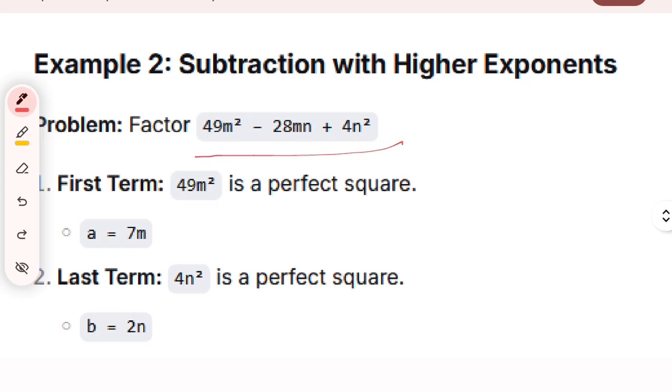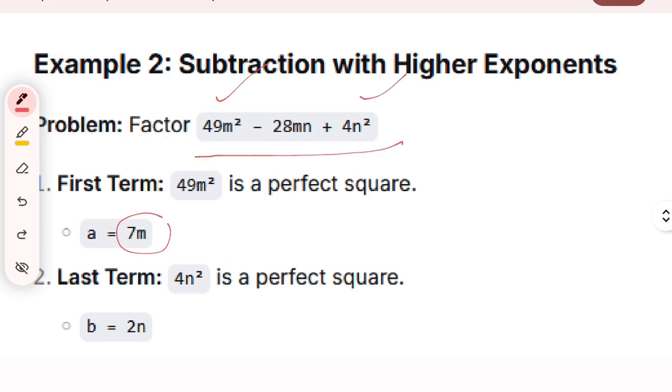So for the first condition, is the first term a perfect square? Is 49m squared a perfect square? The answer is yes. It's 7m. 7m times 7m, or 7m squared, is 49m squared. Therefore, the first term is a perfect square.